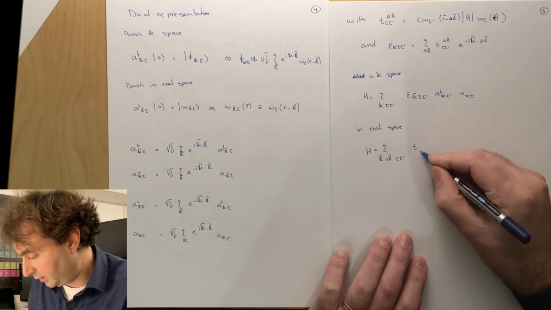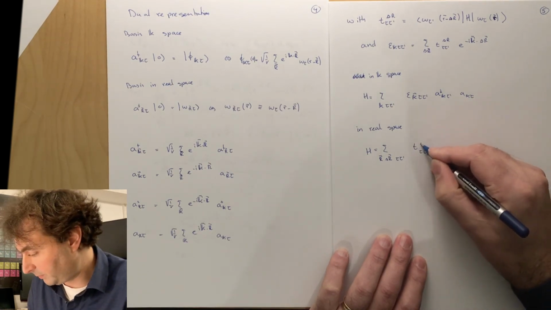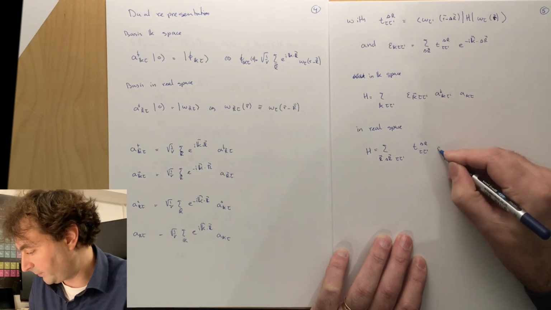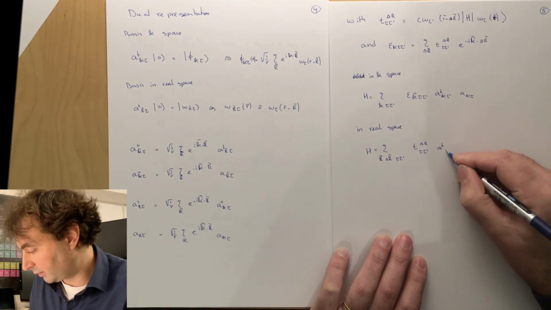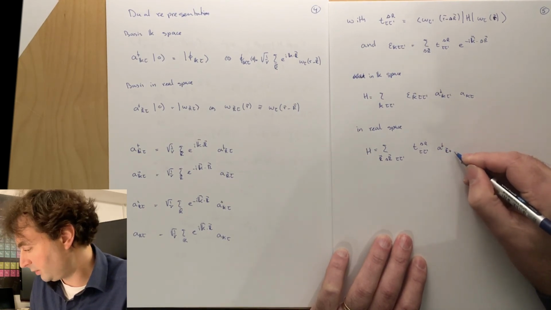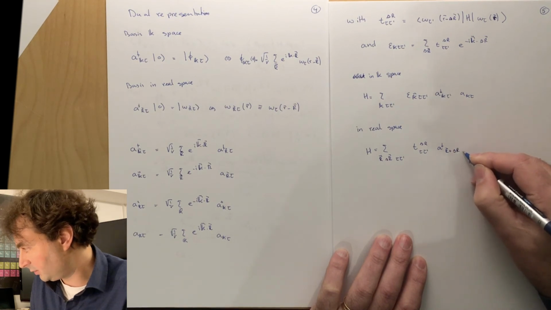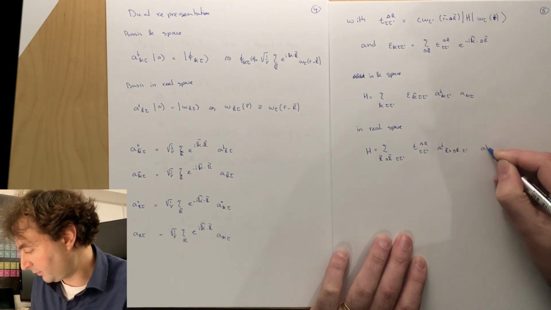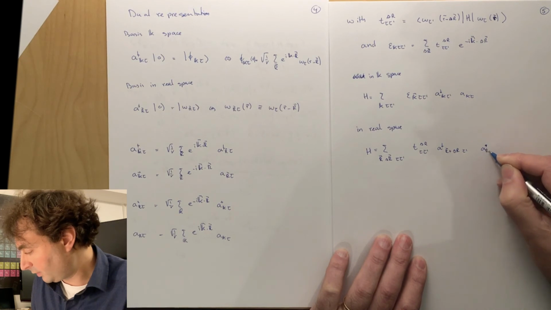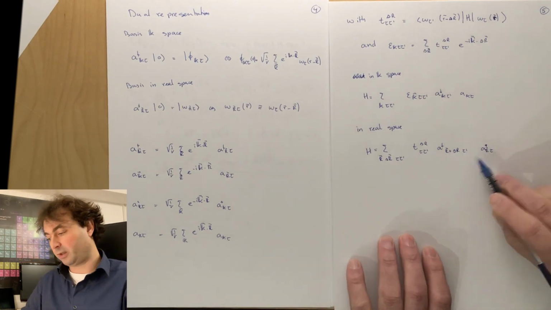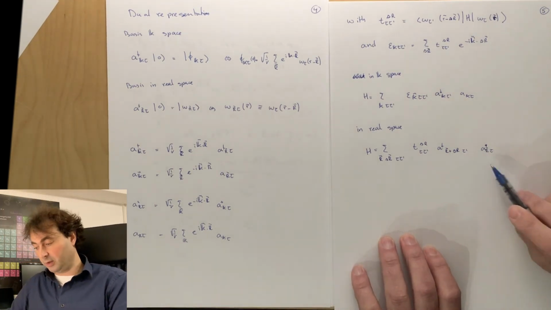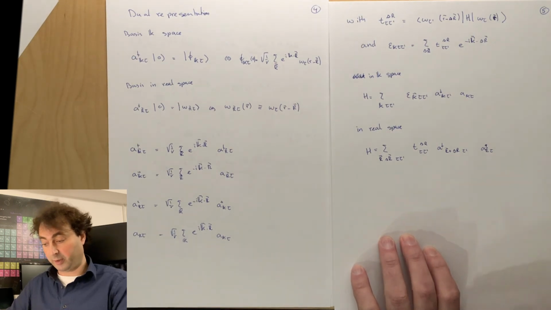And we have our t tau tau prime delta r, a dagger r plus delta r tau prime a r tau. You hop from site r to site r plus delta r, going from orbital tau to tau prime.